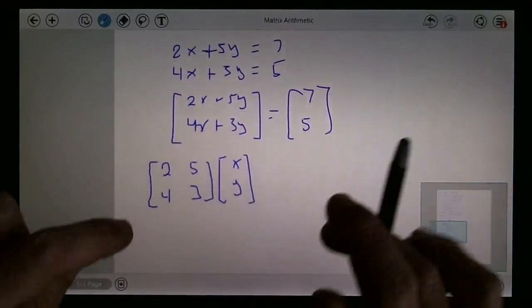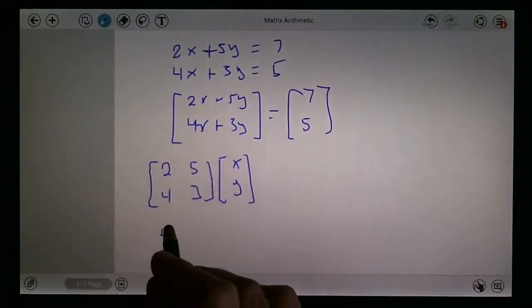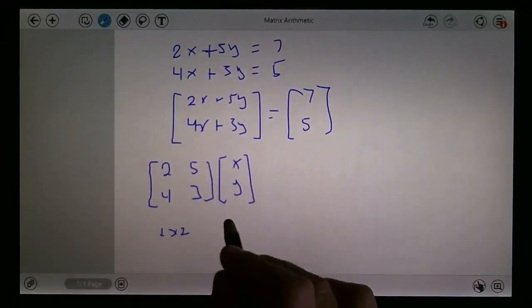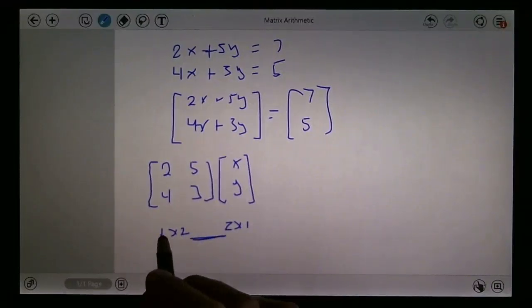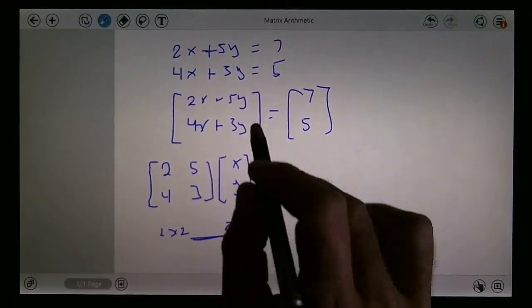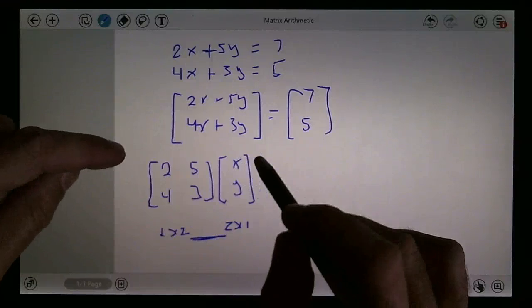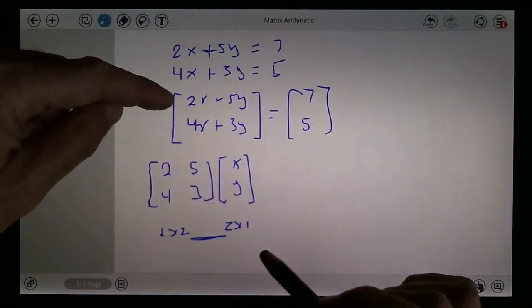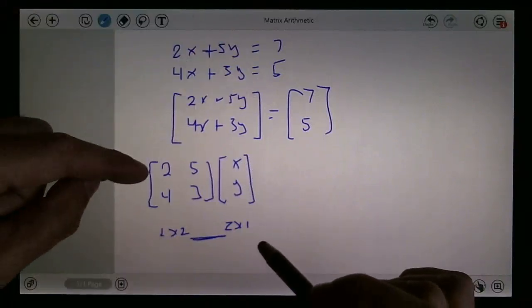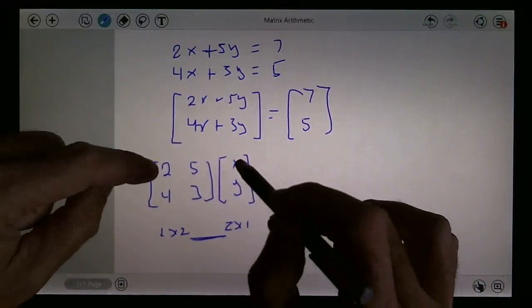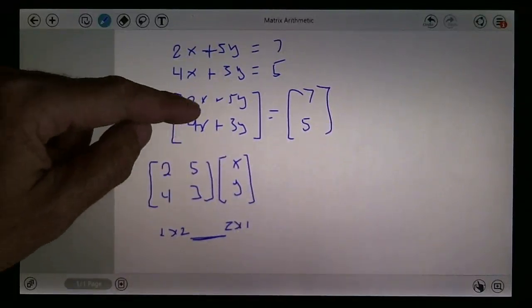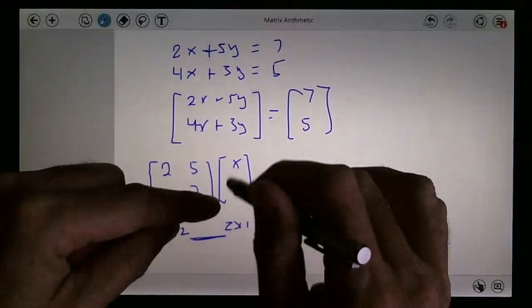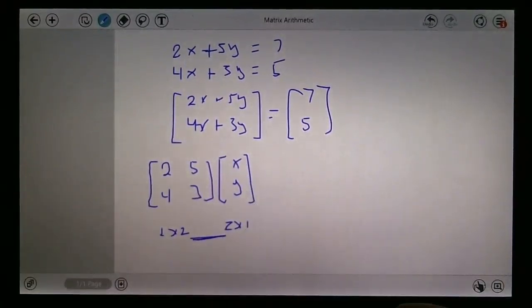Notice this is a 2 by 2, and this is a 2 by 1, so these two numbers are the same, and the result is going to be 2 by 1. That's what this one is up here. I get the entry in the first row, first column by using the first row and the first column, 2x plus 5y. I get the entry down here, which is the second row, first column, 4x plus 3y.